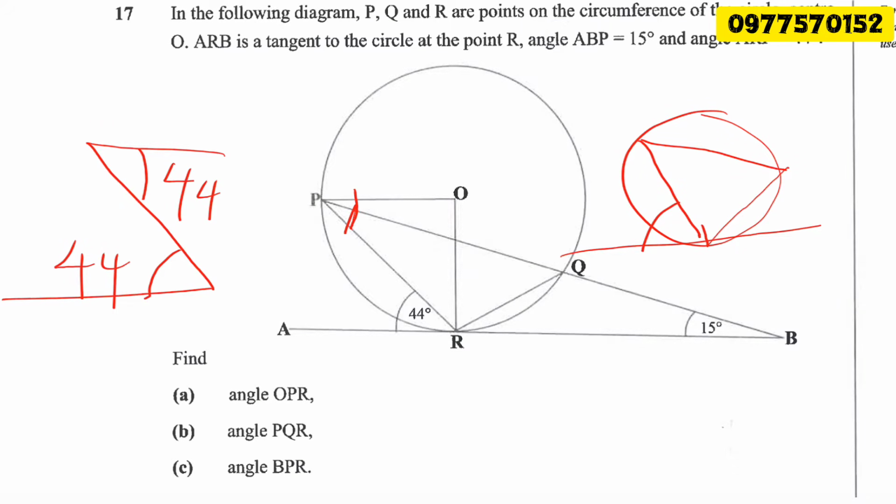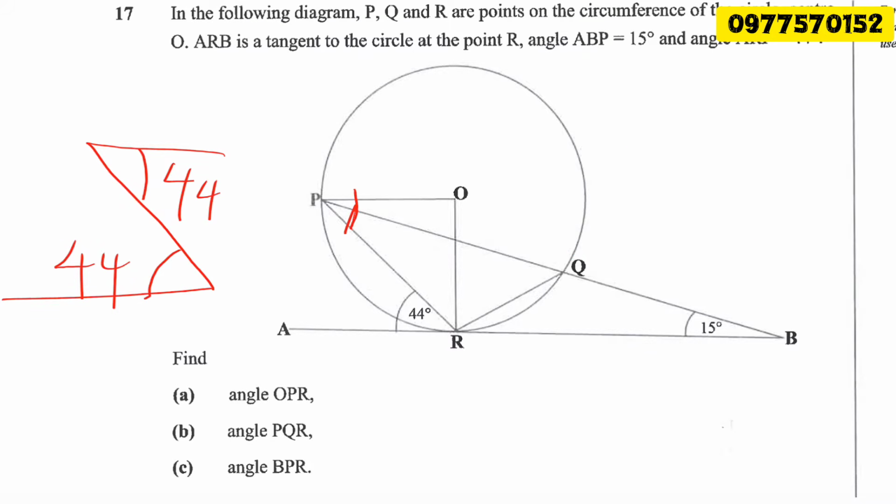Question C is saying, find the angle BPR. This is very simple. This inside angle is very simple because we can just find this larger angle here, then use angles in a triangle.